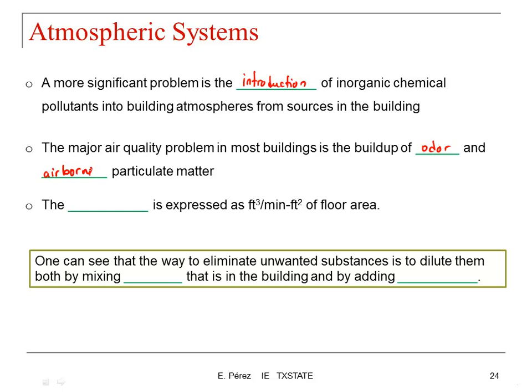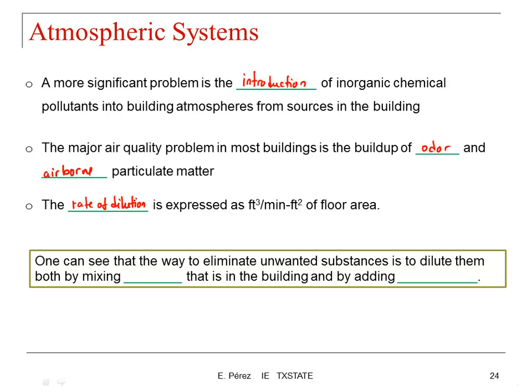And the rate of dilution is what we use to measure these quality problems, and this is expressed as cubic feet divided by minutes times square feet of flow area. So this is the type of measurement that is used to measure the air quality within your facility.